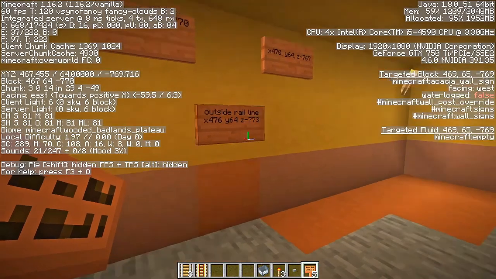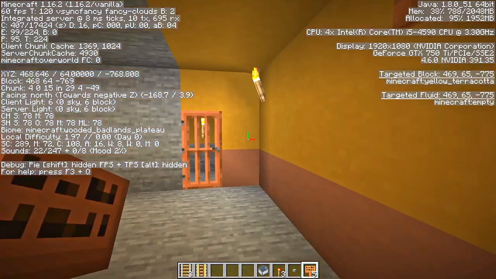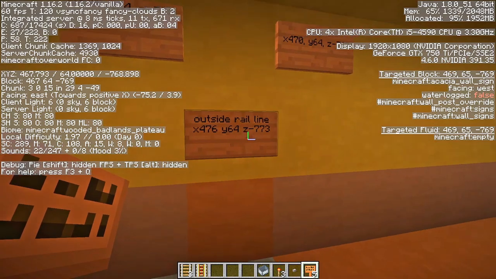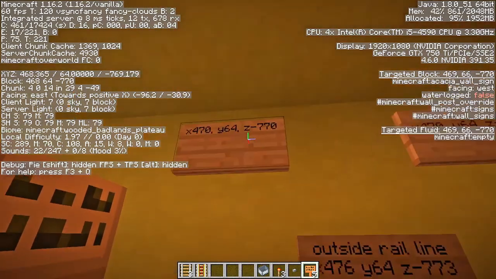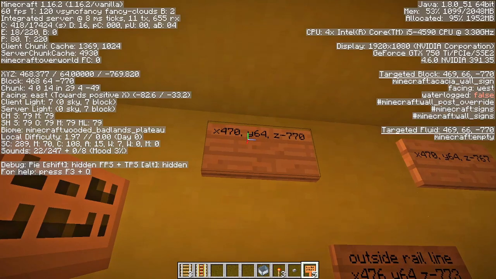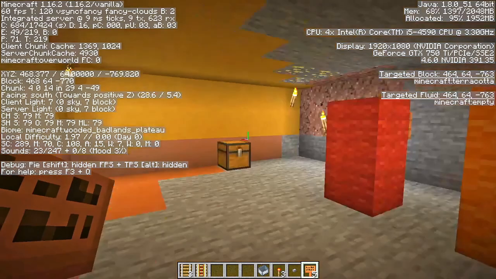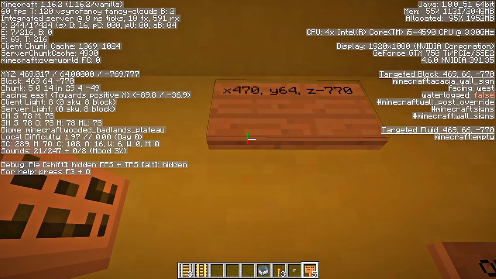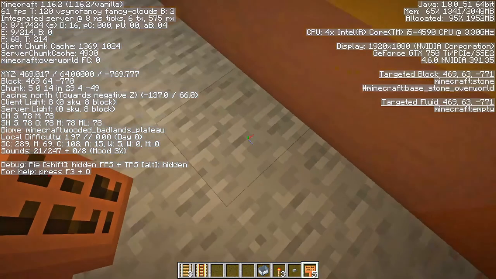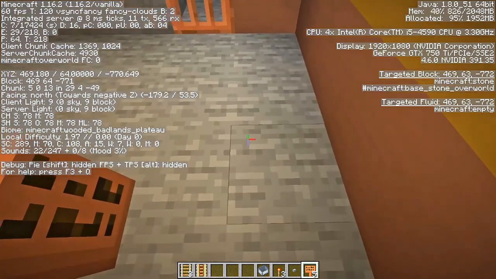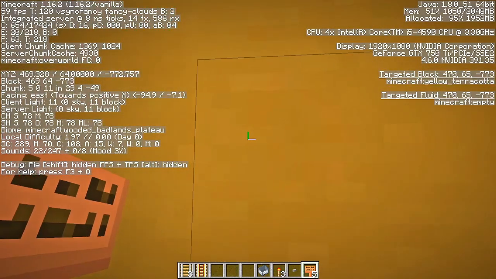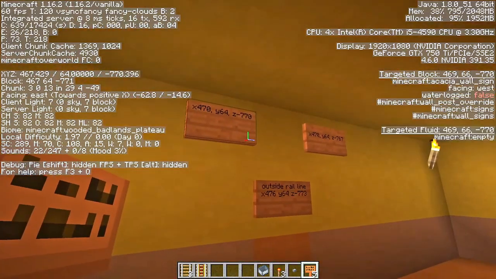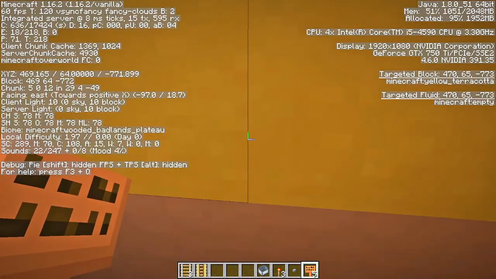Okay, so if the outside rail, while we're looking towards negative z, is at negative 773 z, and currently this rail line, the one that goes to the farms, immediately in front of the orange, is at negative 770, then if we go 3 blocks over, 1, 2, 3, we want to be at negative 773.